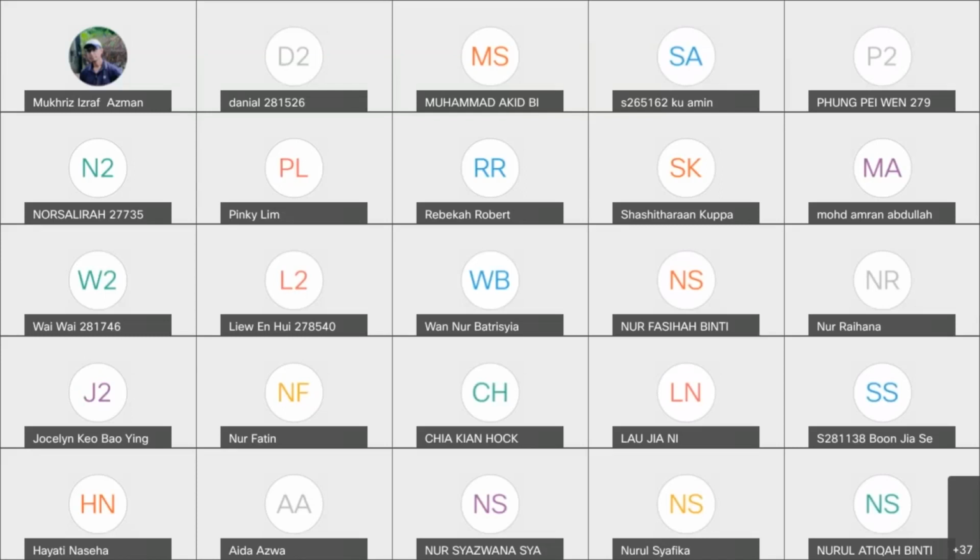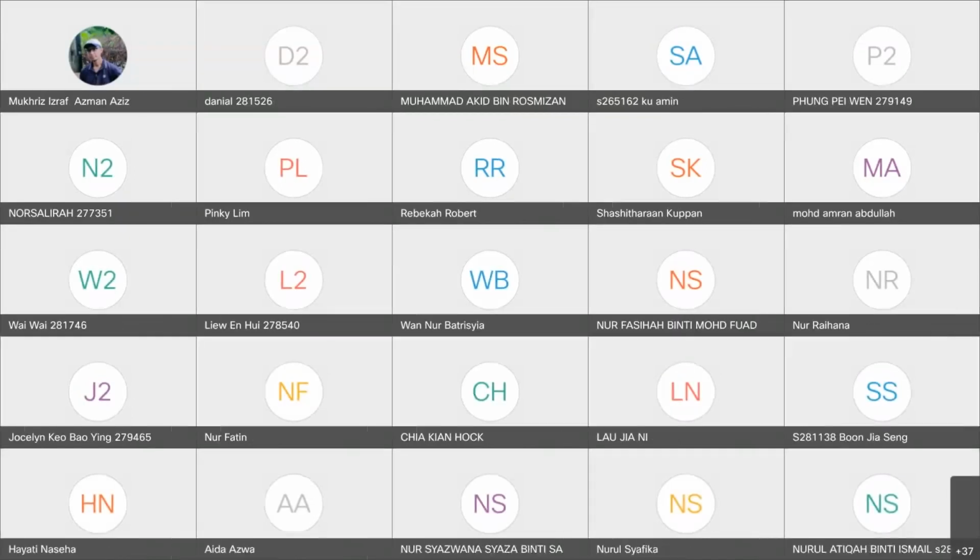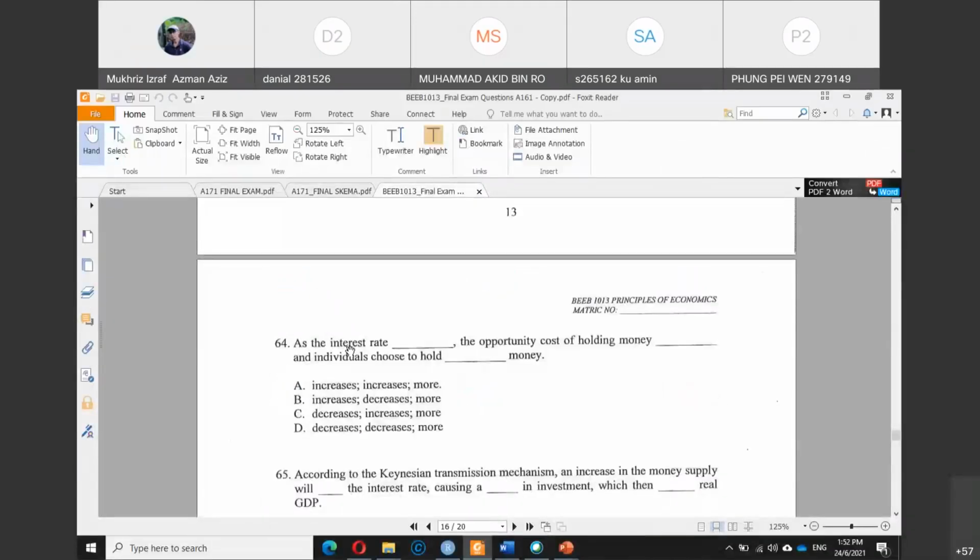You need to understand this concept from the statement. If the interest rate increases, the opportunity cost of holding money will increase.